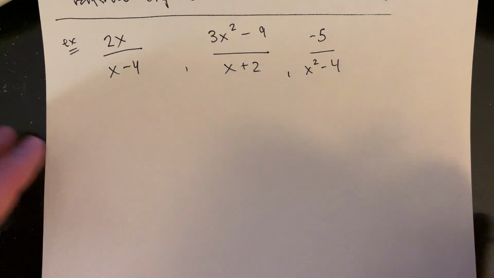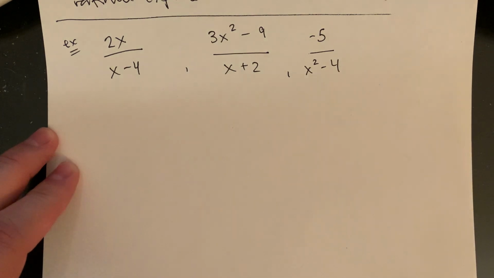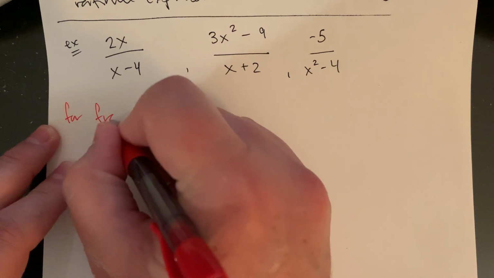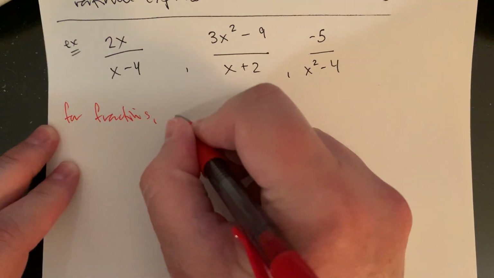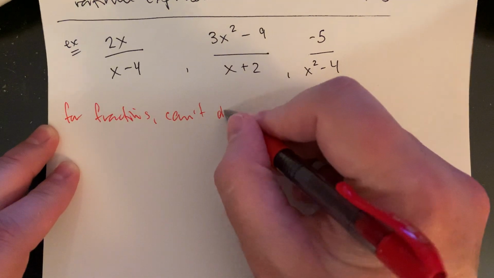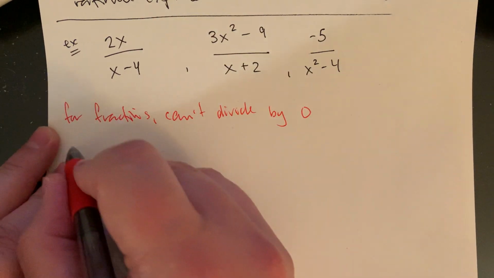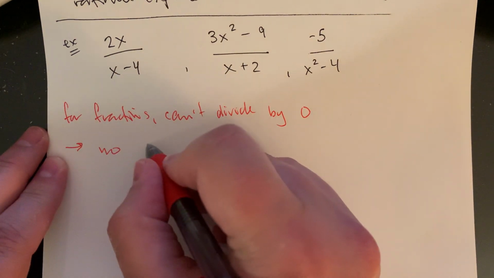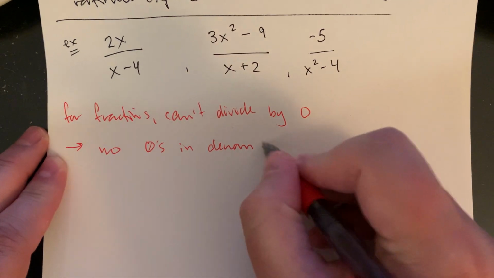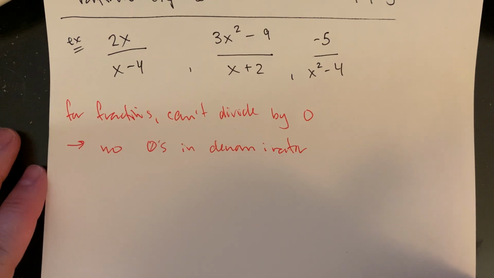So first things first, whenever you have a fraction, right? So for fractions, you are not allowed to divide by 0. I guess just sort of in general, we're not allowed to divide by 0. So what that means for us is no zeros in our denominator, right? We need to make sure that we don't have any zeros in our denominator.